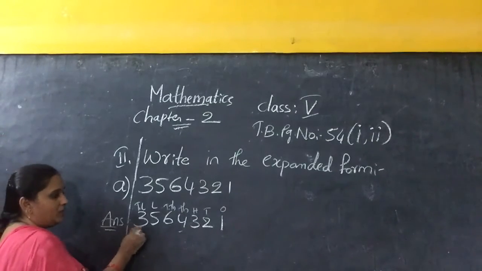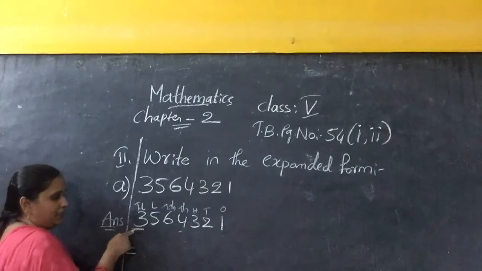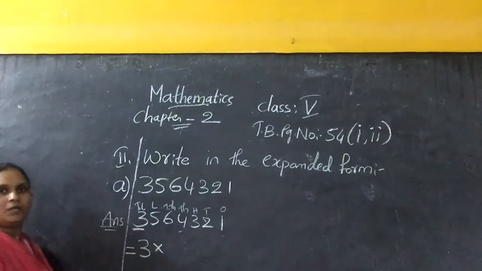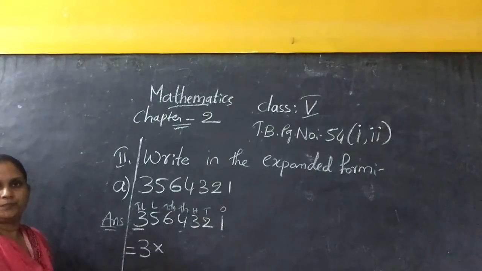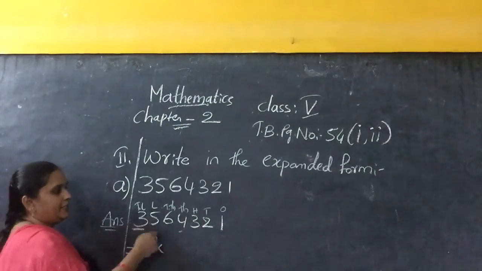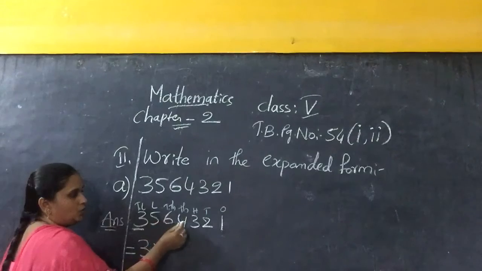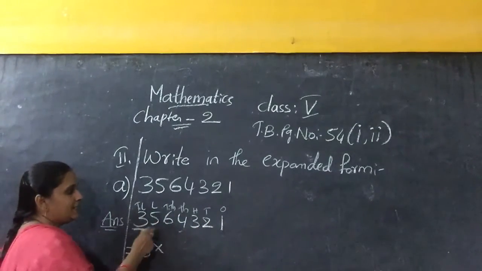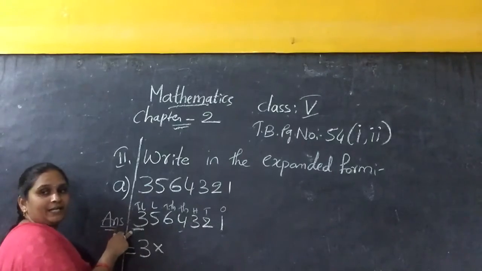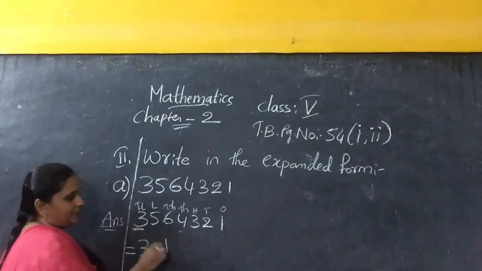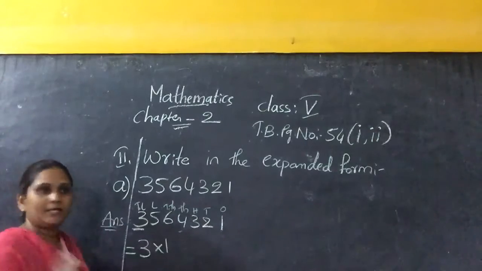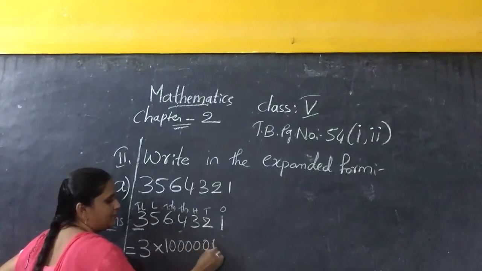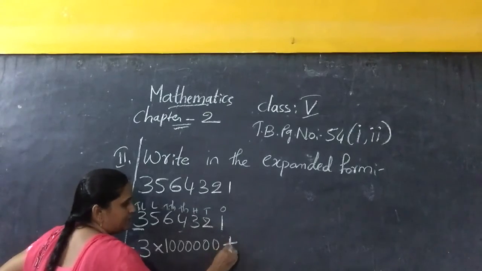In the first place, what number is there, children? First 3 is there. So write 3 into. How many digits are there? 1, 2, 3, 4, 5, 6. 6, because 3 is in the ten lakhs place. So 1 followed by 6 zeros. Put a plus symbol.